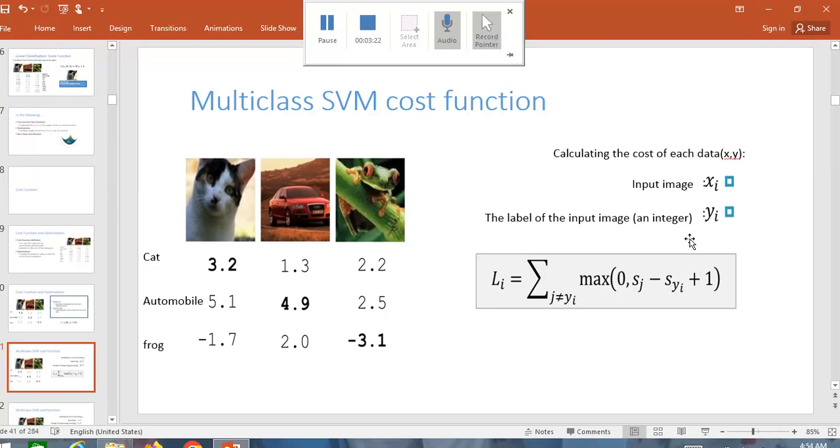We wanted the W's to be such that the score of the correct class is higher than the rest of the classes. These can be calculated mathematically. S_yi is the score of the correct class, and S_j is the score of the rest of the classes. Ideally, the score of the correct class should be higher than the score of the rest of the classes.